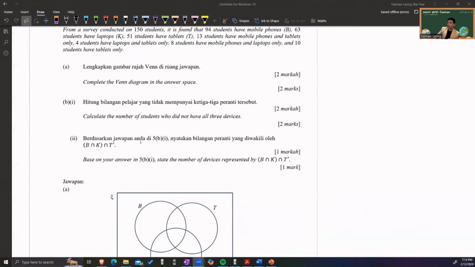B is mobile phone, T is tablet, K is laptop. 10 have tablets only, so 10 here. 4 has laptop and tablets only, 4 here. 8 has mobile phones and laptop only, 8 here.